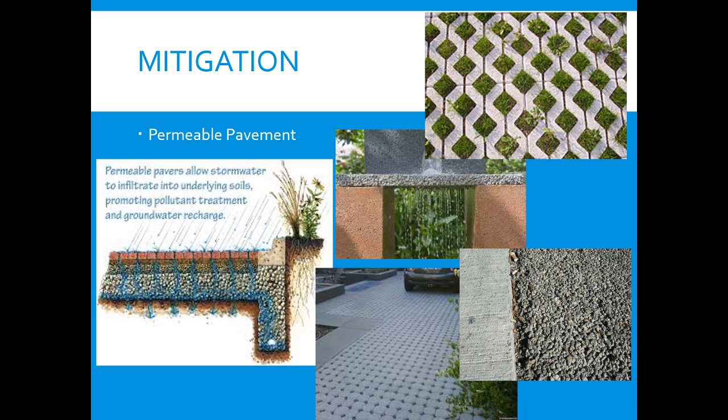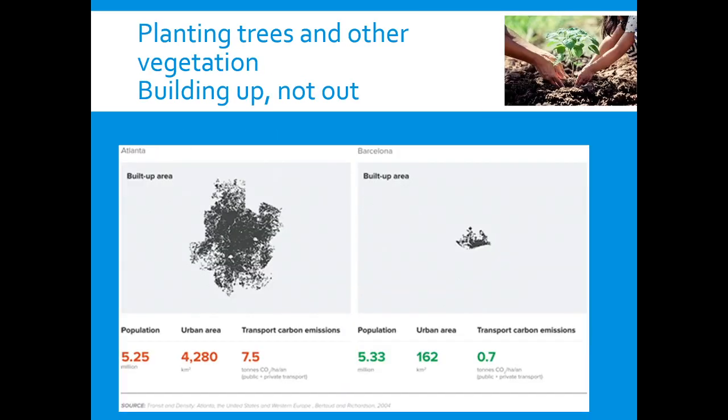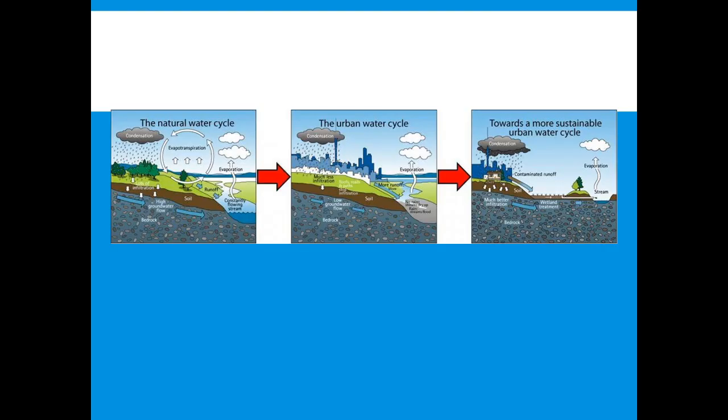Pavements are designed to be permeable. Some other things that are done are planting trees and other vegetation, the idea of building up instead of out, because by building up, you allow for more of that area to have natural infiltration.